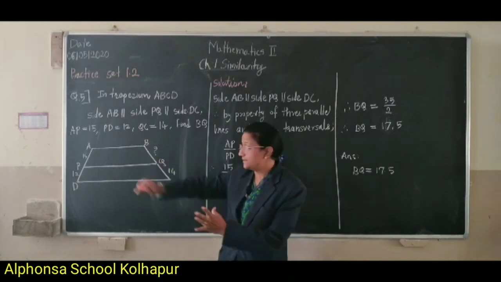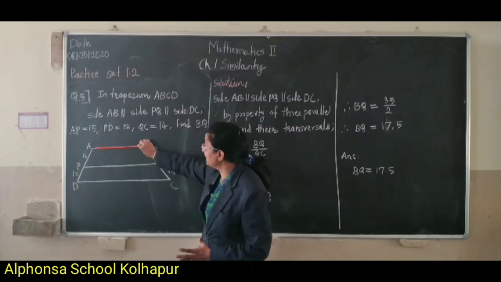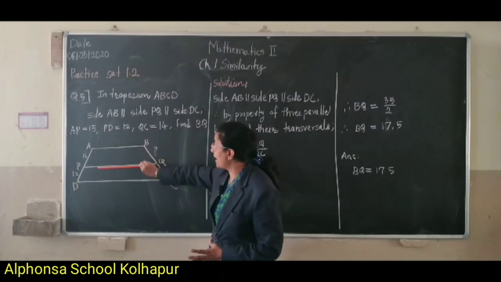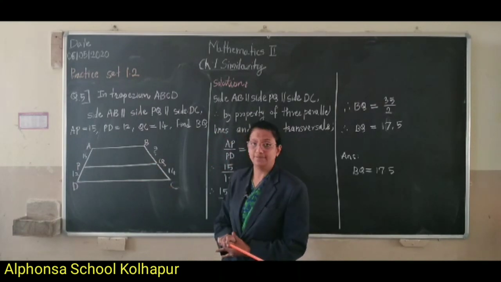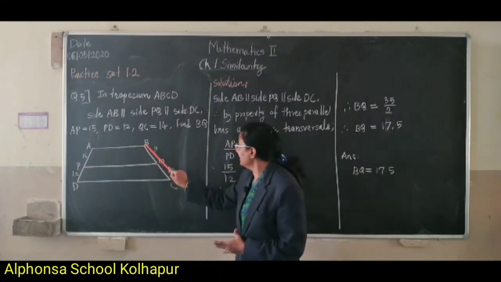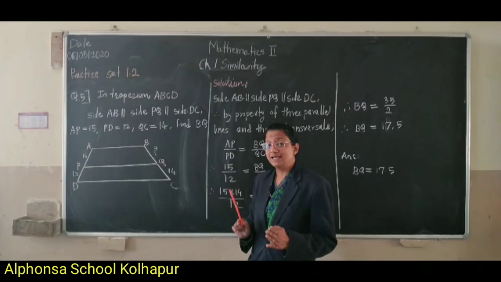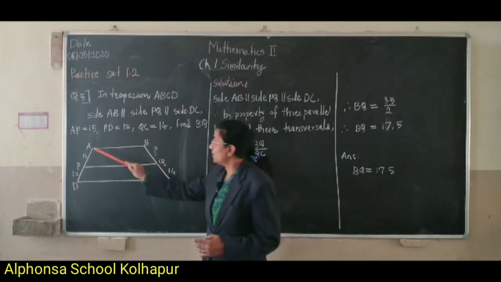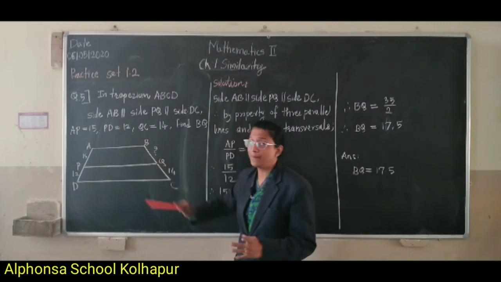Now see, we are dealing here with a trapezium, and they have given that side AB is parallel to PQ and is parallel to DC. And AD and BC, can we consider these as transversals? So these two will be considered as transversals, and these three are the parallel lines.